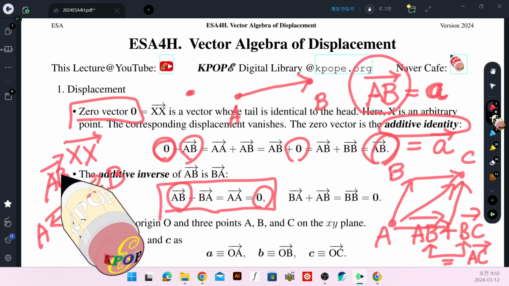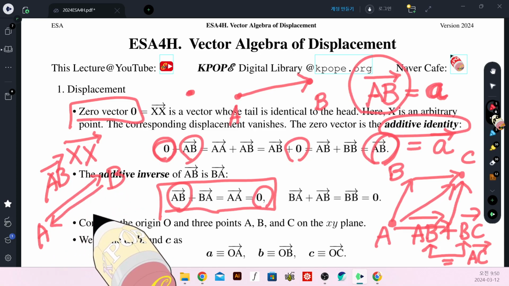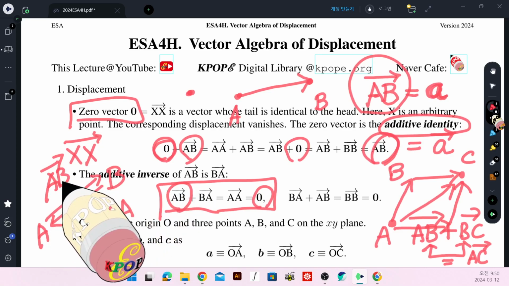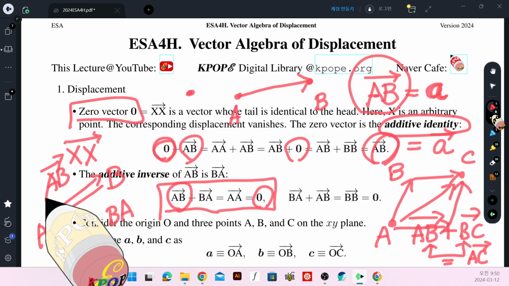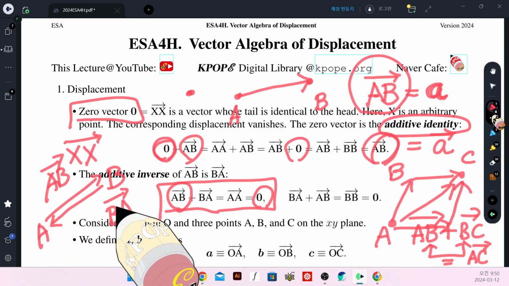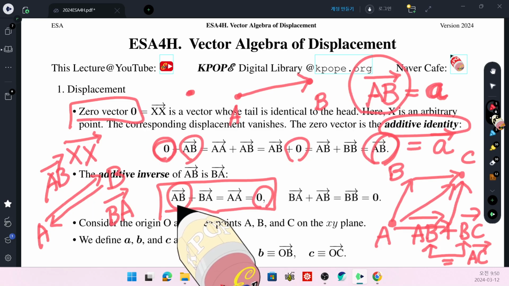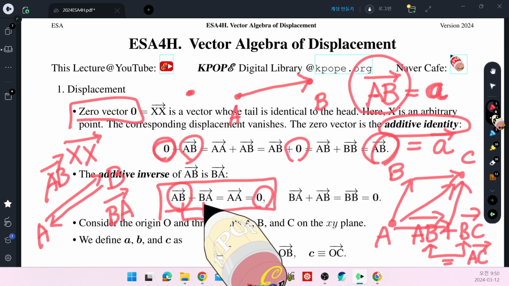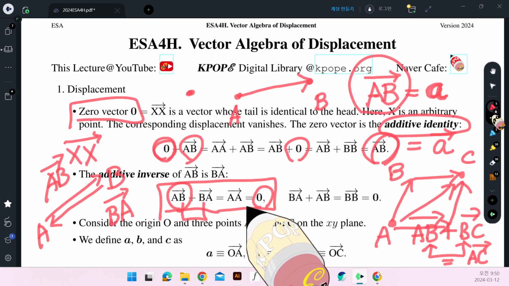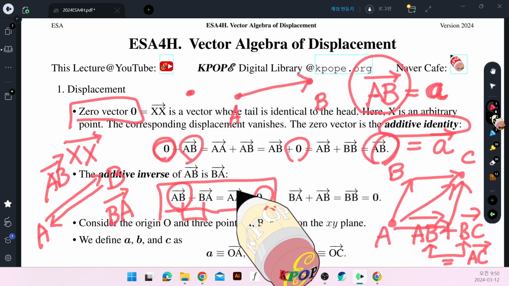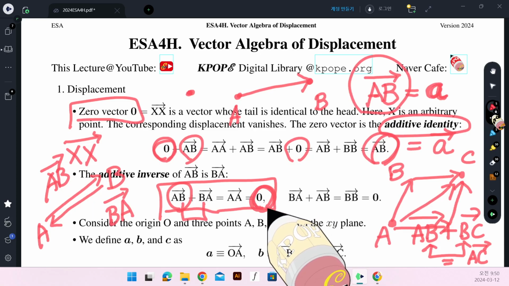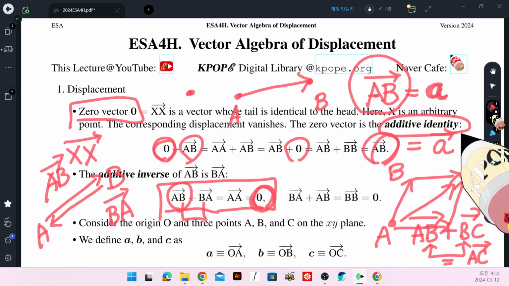That opposite vector is nothing but the replacement of head and tail. So B to A. If I add these two, AB and BA, the B's are connected, the resultant vector is AA, and AA has no displacement. Therefore, the resultant vector is the null vector. That is a zero vector.